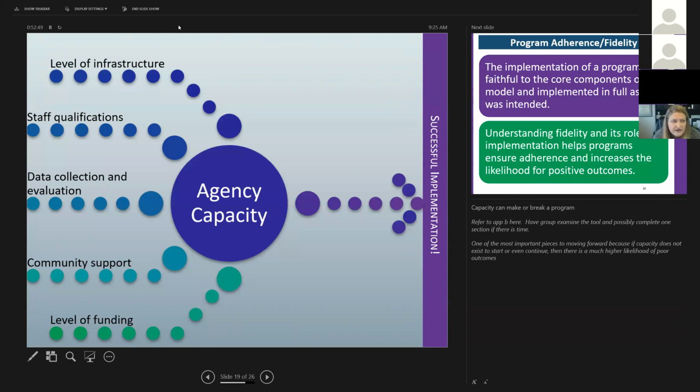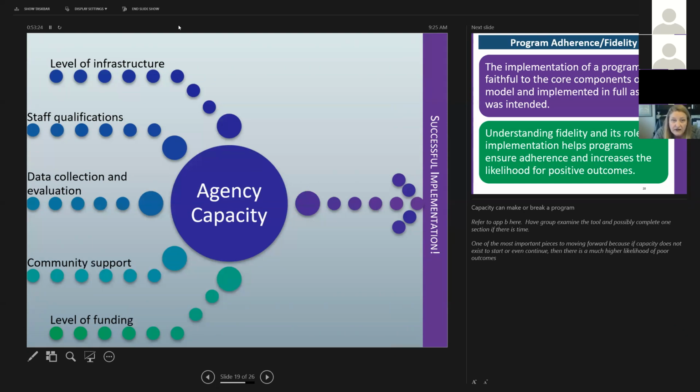I'm going to talk for just a second about agency capacity, because I'll just be really honest with you. When we come in and see issues, it's almost always in one of these three areas, and capacity is a big one. We often see programs attempting to implement programs that really are not working for them, and often it's around the fact that they just didn't have the capacity.